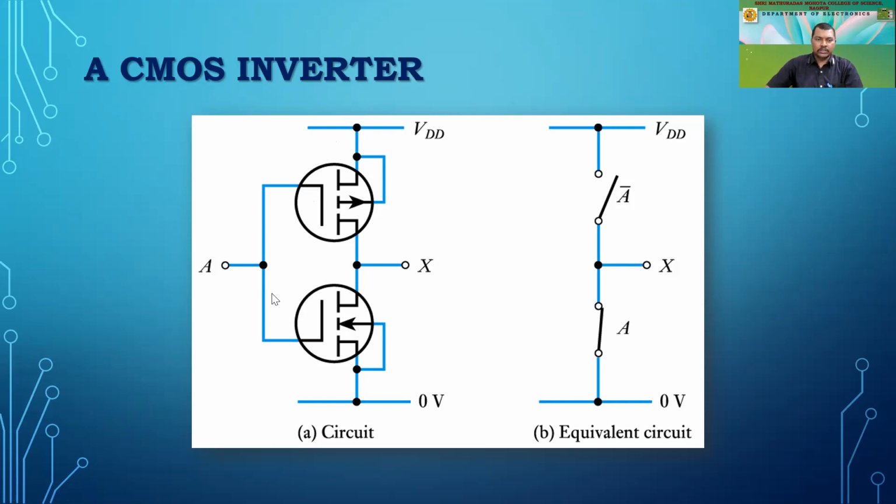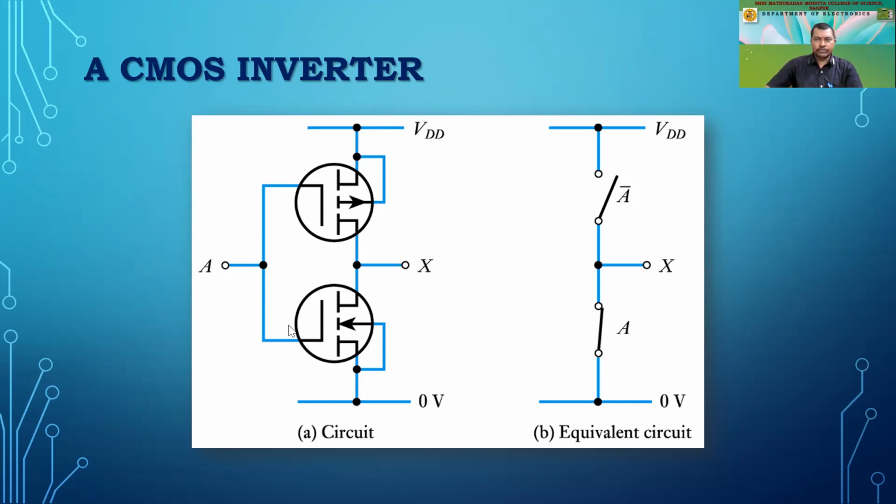Now, how does it work? Whenever we are applying the gate voltage, say if it is given a positive volt, then this gate will be positive, and since it is positive, there will be no current flowing through that. And as it is positive, this will conduct.